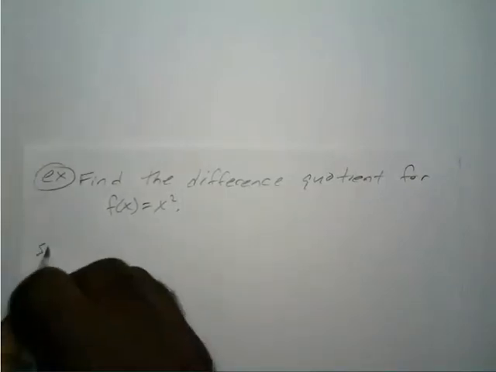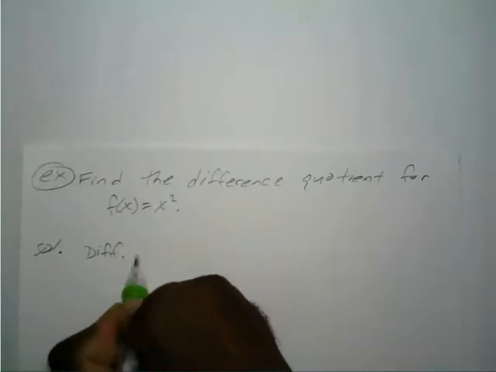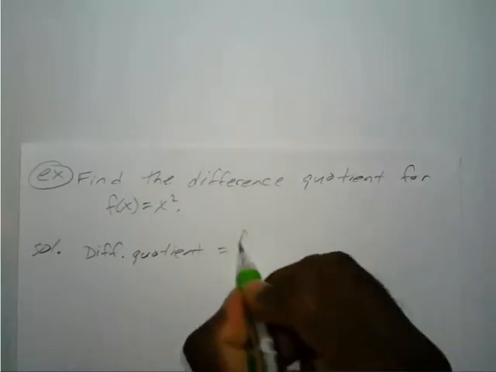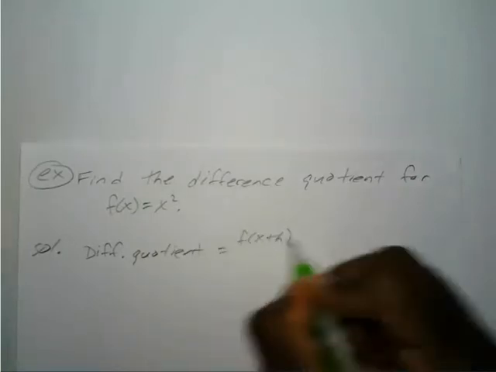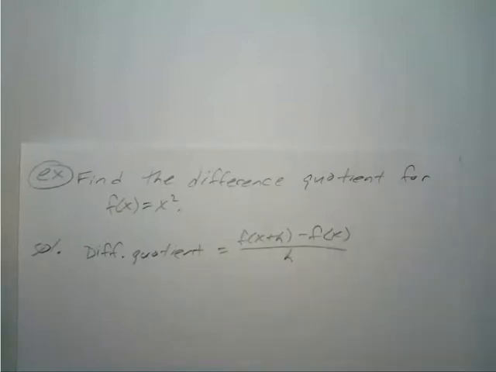So our difference quotient formula, we know that's f of x plus h minus f of x all over h. Just like before, first thing you do, you find your f of x plus h.